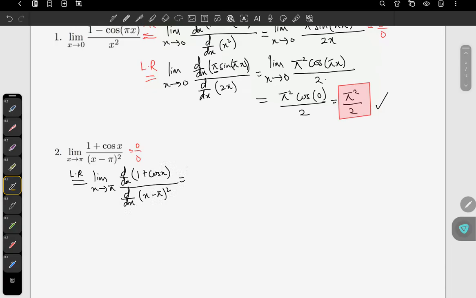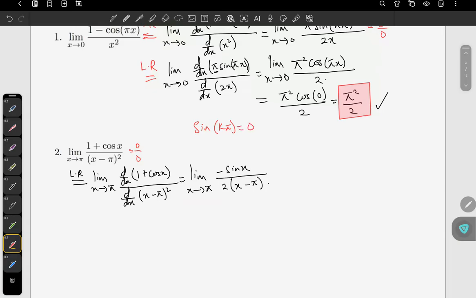and this is equal to the derivative of 1 is 0 and the derivative of cos x is negative sine x. So we have negative sine x over the derivative of x minus pi squared is 2, using chain rule, 2 times x minus pi. If we plug in pi directly here, we are going to get sine pi, and we know that the sine of any multiple of pi is 0.